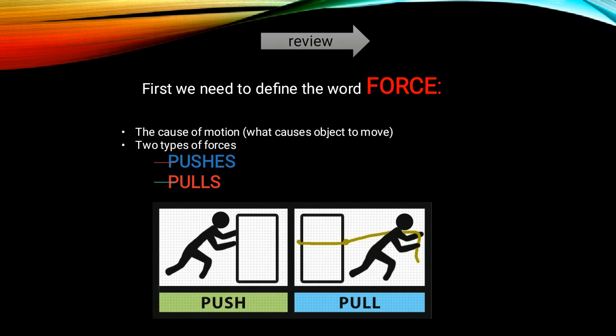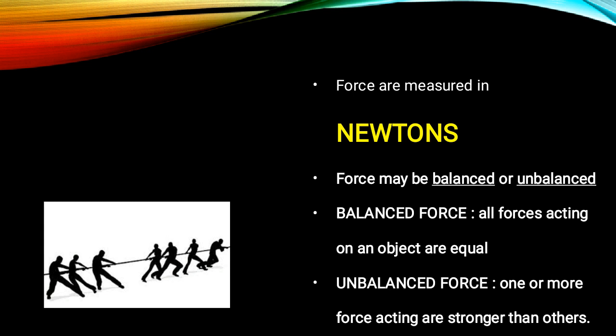Behind any movement of an object or body are two forces: one is push and another is pull. Force is measured in newtons. Force may be balanced or unbalanced. Guys, you must have played tug of war.